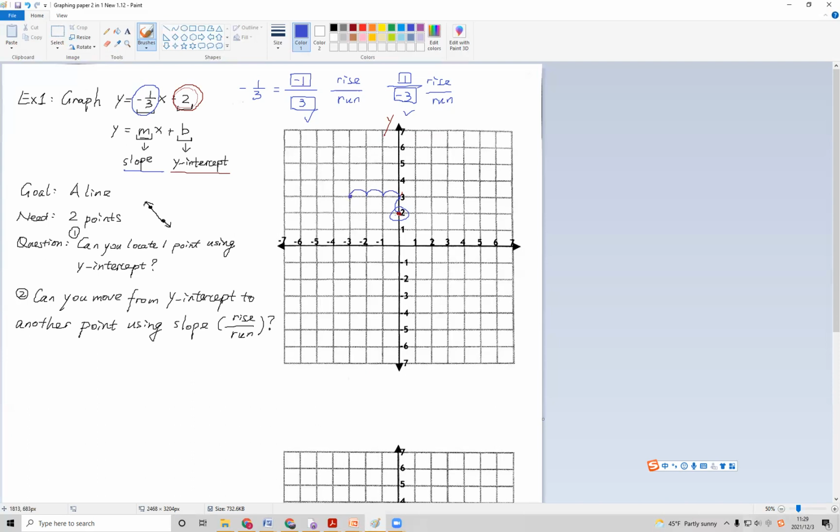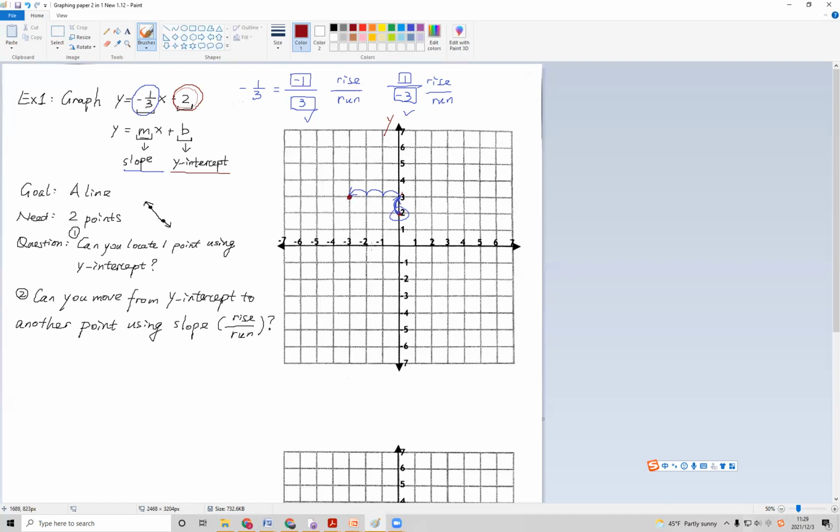So one more time from here. Rise is +1, so go up 1 unit. Then -3 for the run, you run to the left, 3 units. So now, after doing rise over run using the slope, we actually locate the second point.